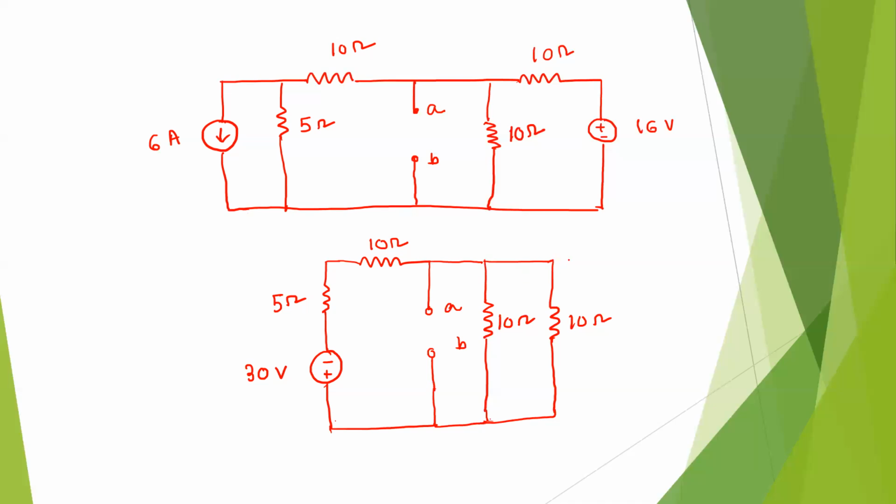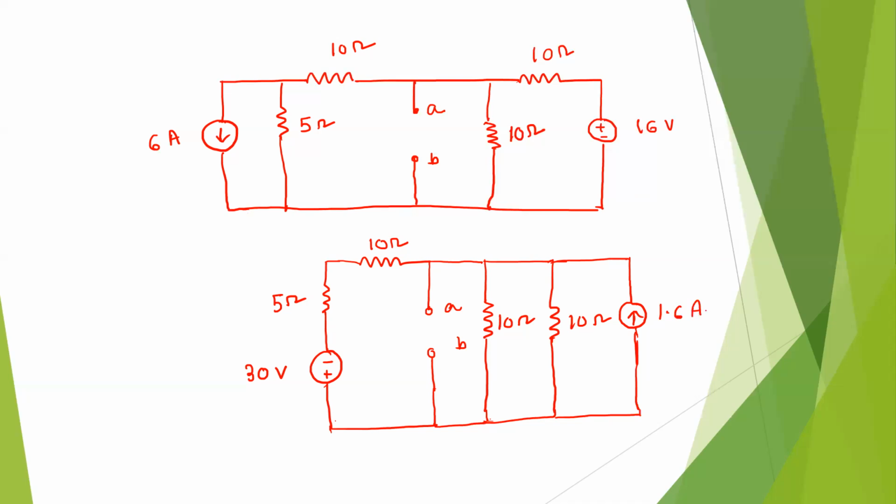We can convert this 16 volt into a current source, by source conversion method. So what will be the value of the current? The value of current should be 1.6 ampere.